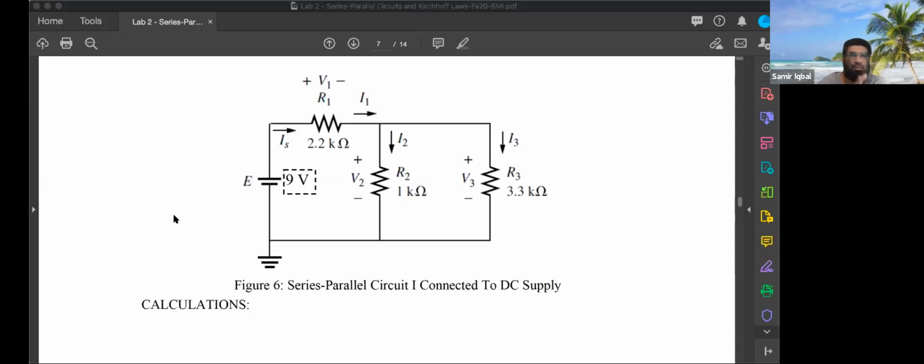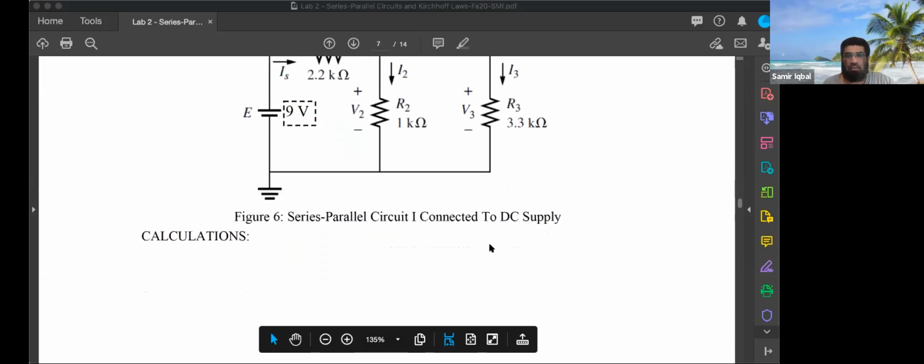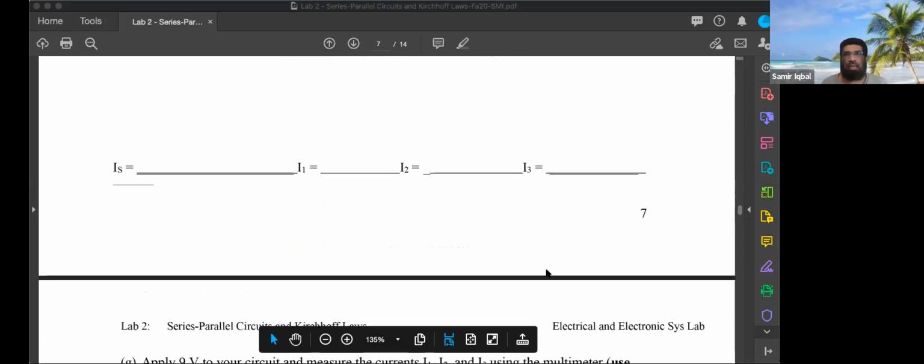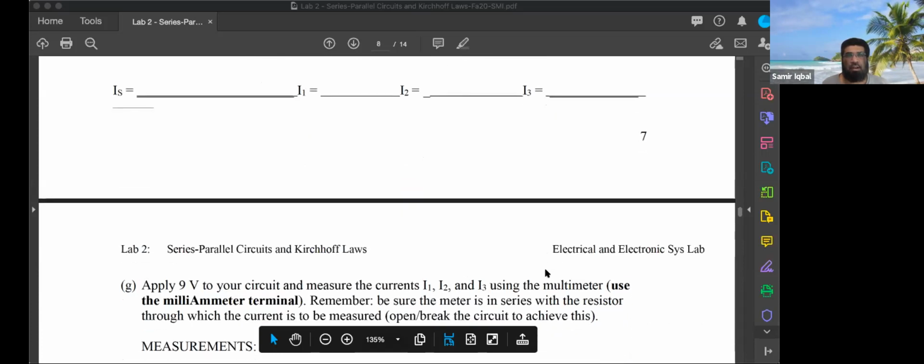Two things are known, and one thing needs to be found out, either by calculation or by measurement. But it's important to know which value to use where. Do I have to add some of those two together? Would I have to find an equivalent of something before I apply Ohm's law? So you have to be able to justify the application of Ohm's law on certain values, which values to use. So here you'll be using, of course, Ohm's law to find your currents.